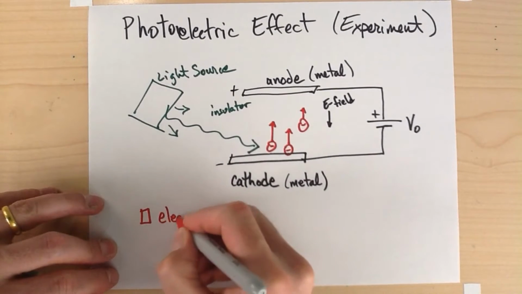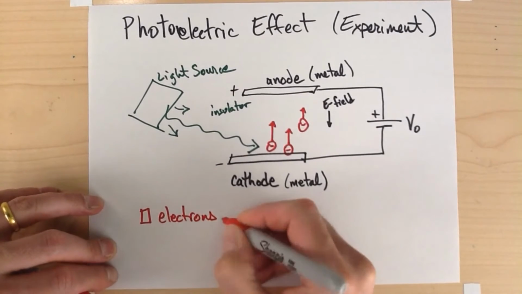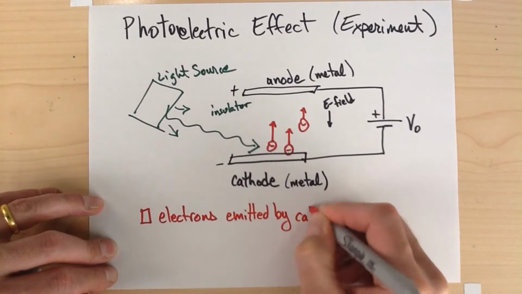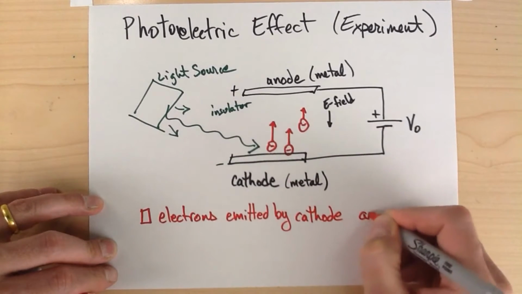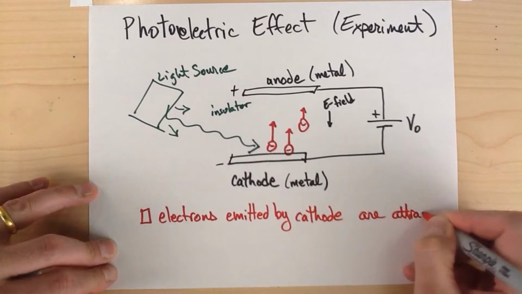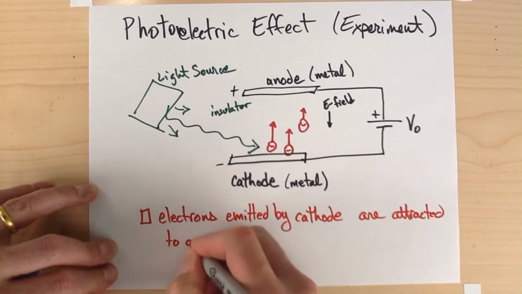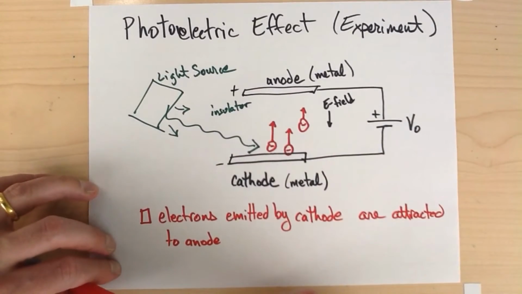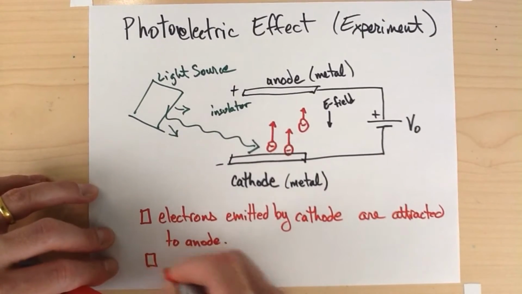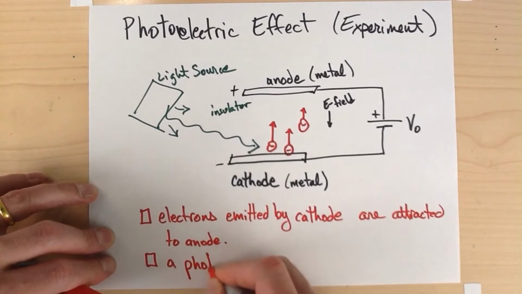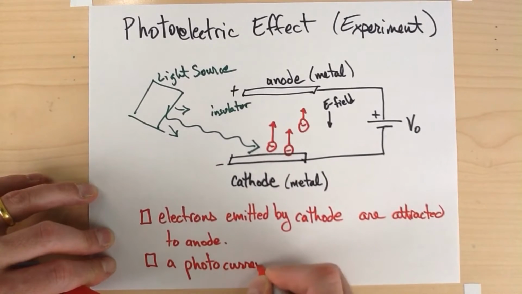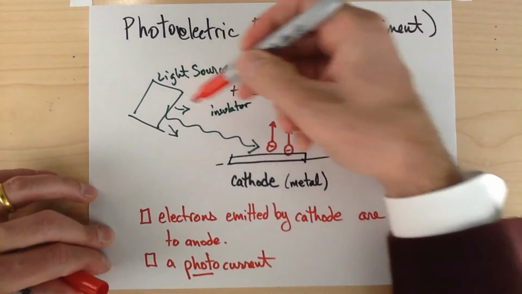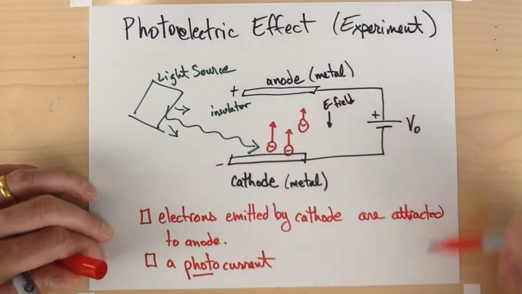So electrons emitted by the cathode are attracted to the anode because of the electric field we just talked about, and this process is what we call a photocurrent because it's only happening because of the light source as well as the other things showing up here.